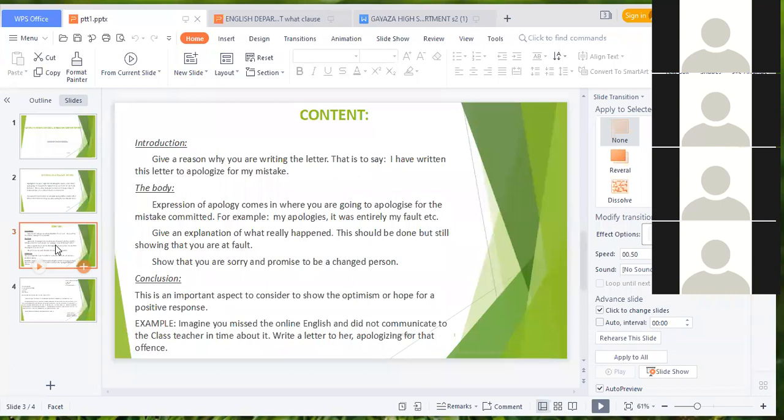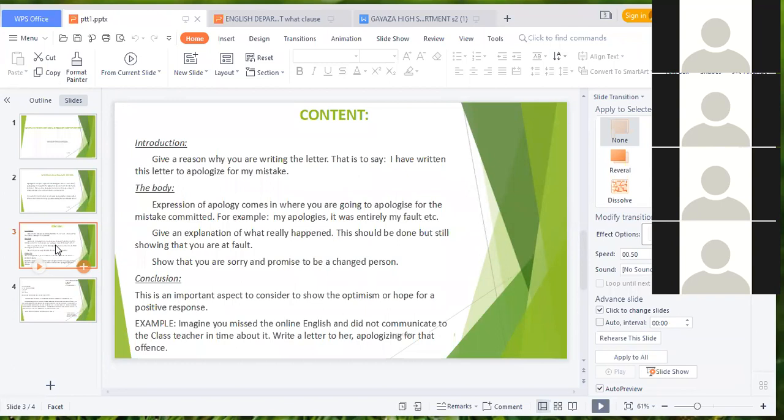Most of the focus will be put on the explanation, what really happened. It's like giving a statement. We should be a bit detailed, but of course not too detailed as if you're writing a composition. That's where we shall scoop most of the marks.